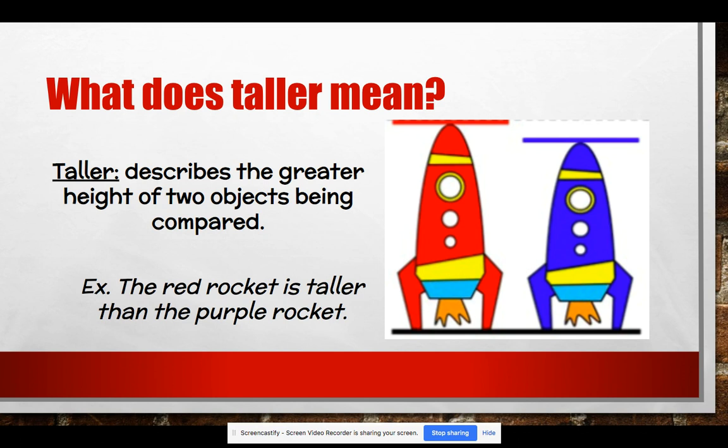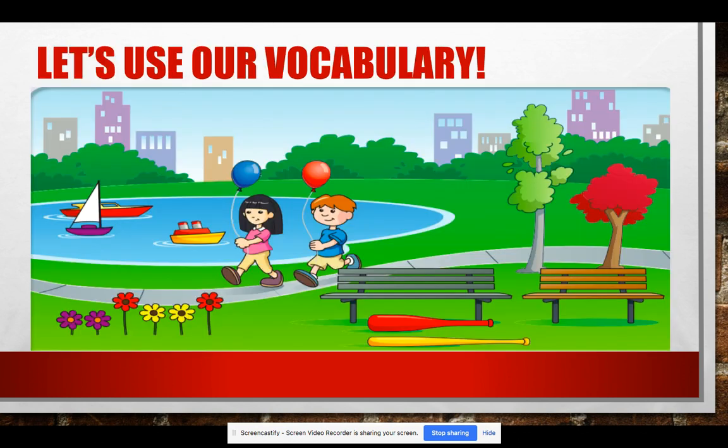So now let's take all of our new vocabulary terms that we've learned and use them in this photo. We have this photo with all these different things in it, and we're now going to use our vocabulary to describe some of the things in the photograph. Let's get started. First, we could say that the purple building is taller than the gray building.